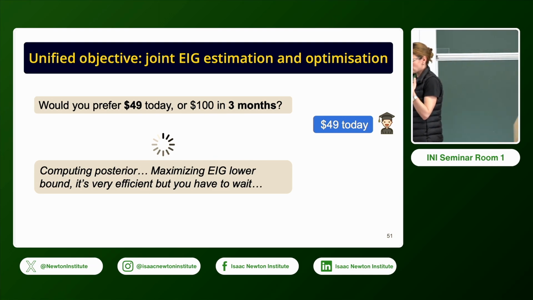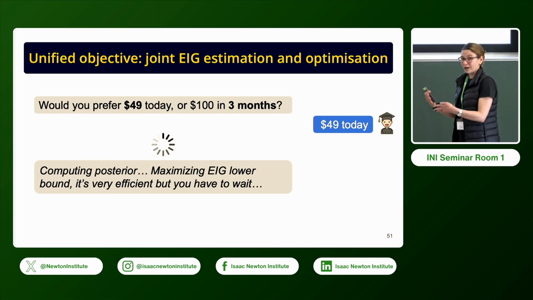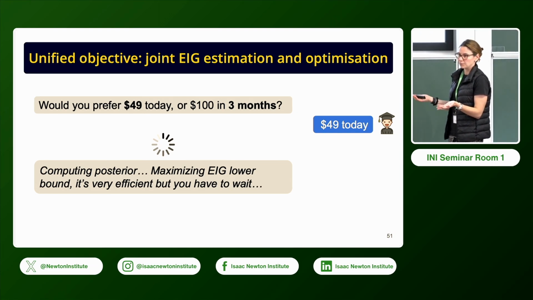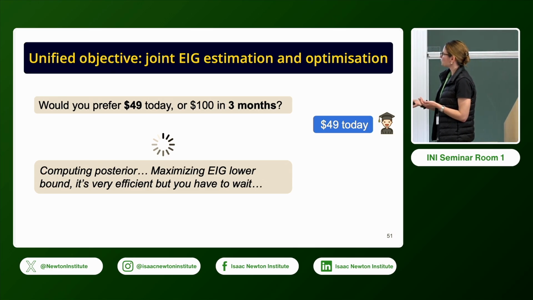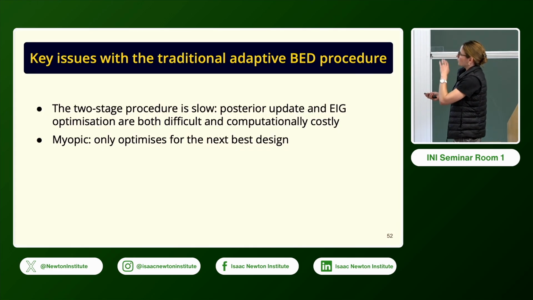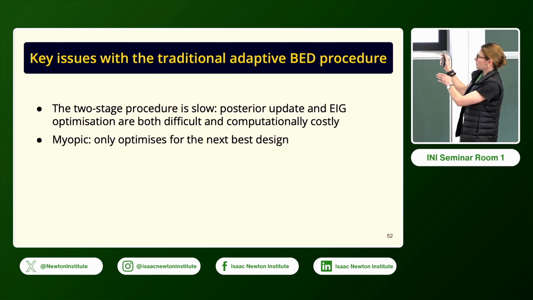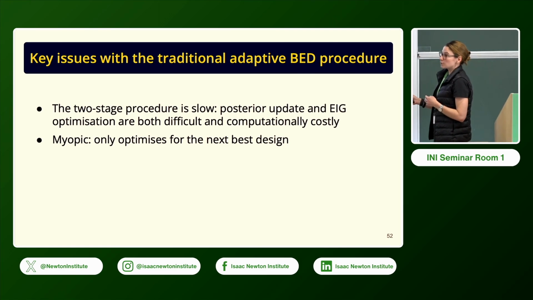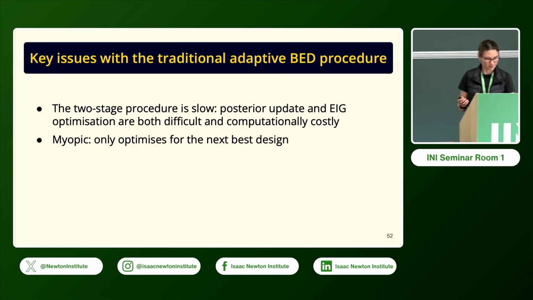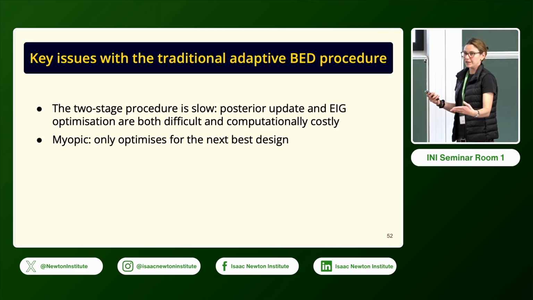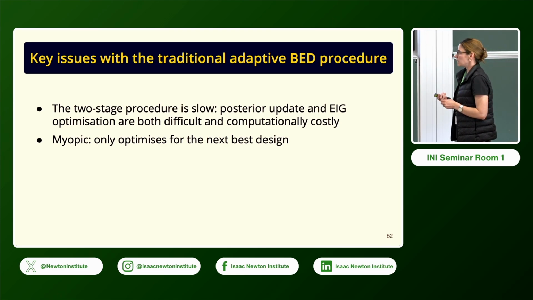Can we perform experiments quickly enough to be applicable in real-world adaptive situations? Right, so just highlighting some of the key issues with this traditional adaptive approach that I just described. It is slow, because of this posterior update and the optimization of the EIG.